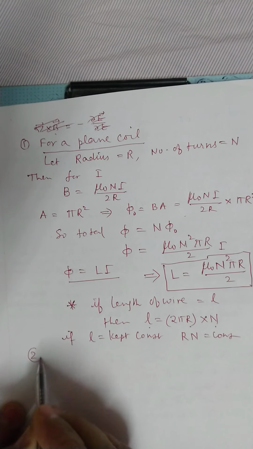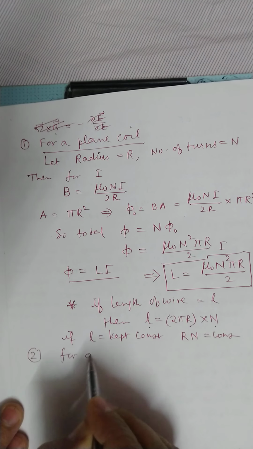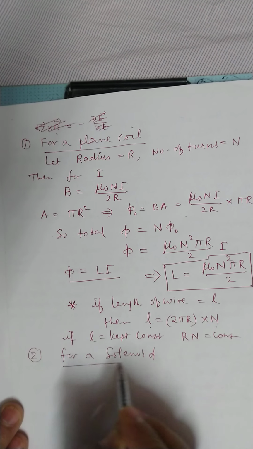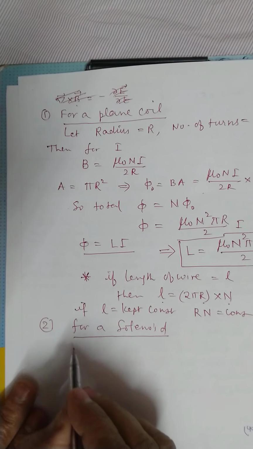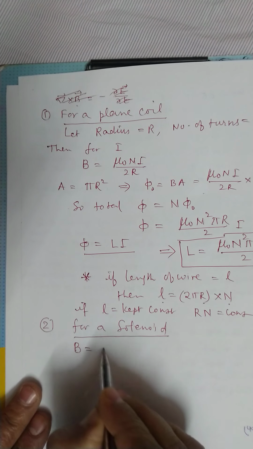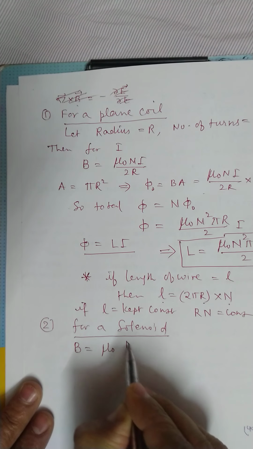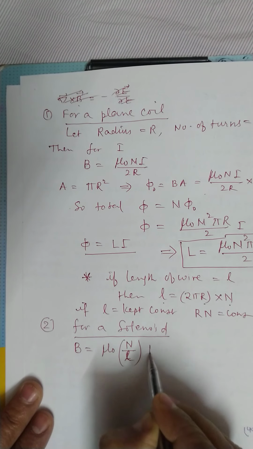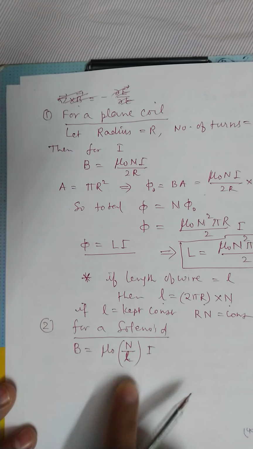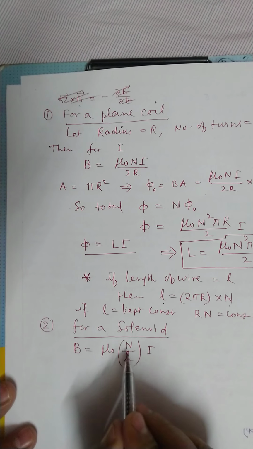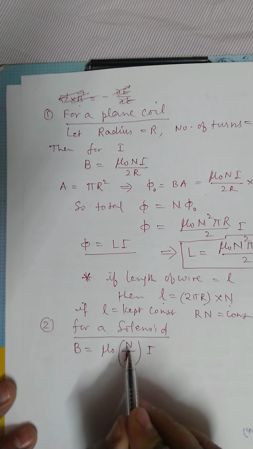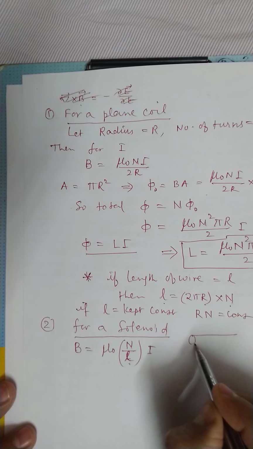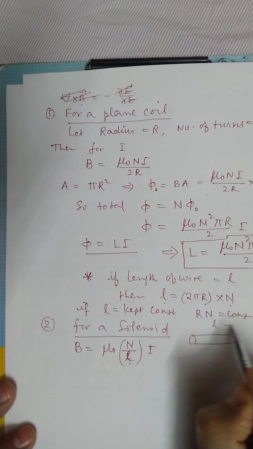Now I can determine it for a solenoid. You know, the magnetic field associated with a solenoid is mu 0 N upon its length L, that is, number of turns per unit length. Consider there is a solenoid of N turns and length L like this.